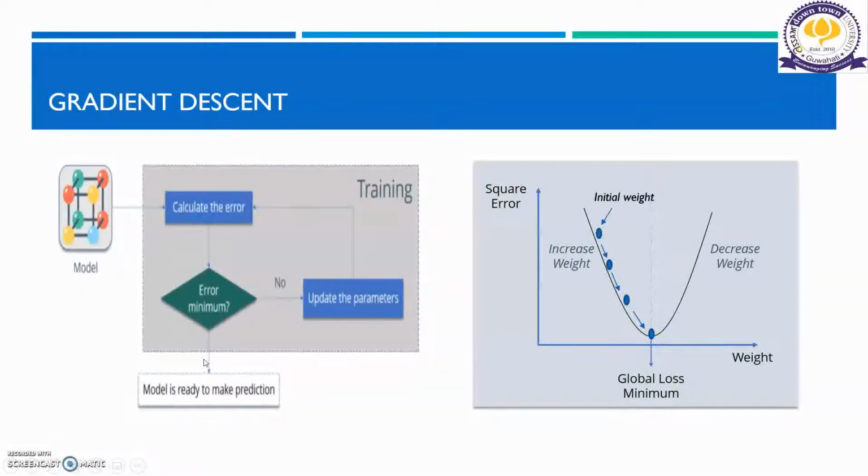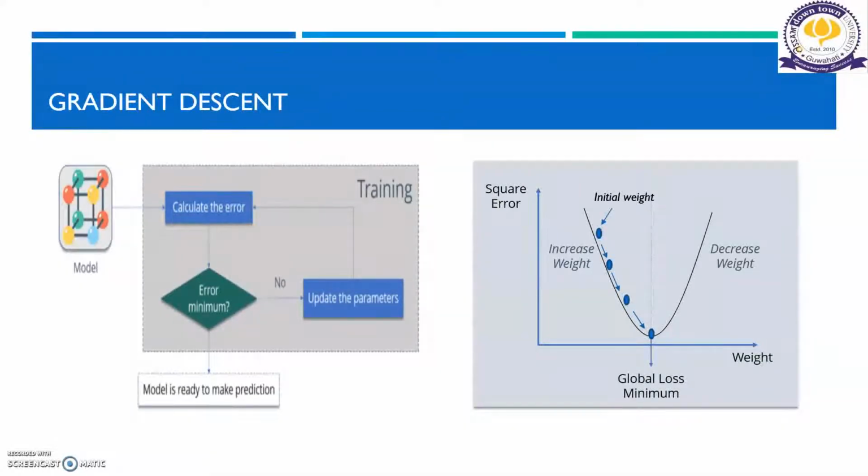Now we come to the part of gradient descent. Gradient descent is the most common optimization algorithm, and backpropagation uses gradient descent to minimize the error. It repetitively computes the error and checks whether it's a minimum error or not.